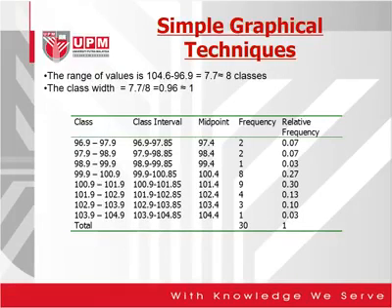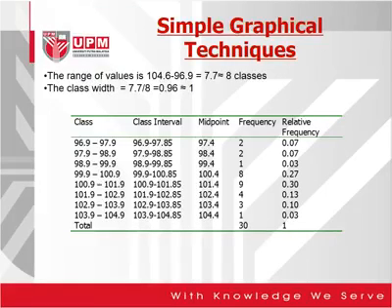Now the second column, class intervals. If we look at the first column, the upper range of the first class, 97.9, is equal to the lower range of the second class, 97.9. If we have one value equal to 97.9, we will have a problem classifying whether it belongs in the first class or the second class.